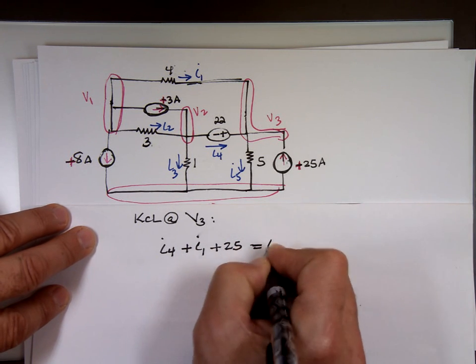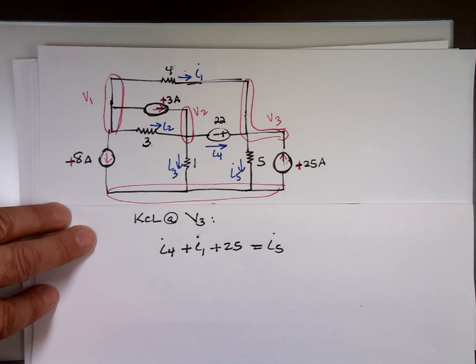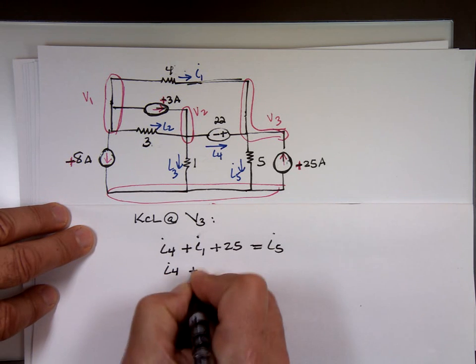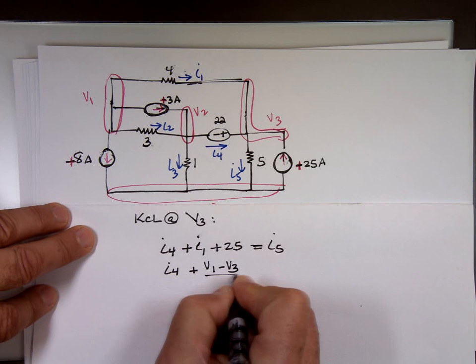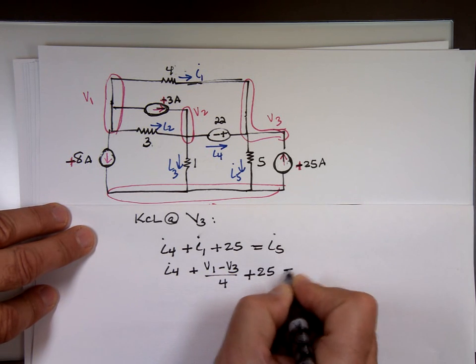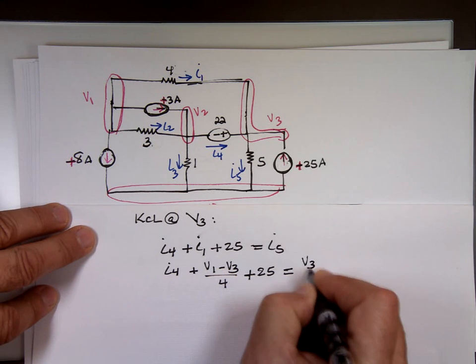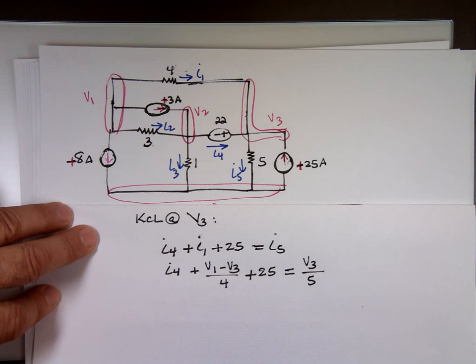I sub 5. I sub 4, we can't touch it, gotta leave it as I sub 4. I sub 1 is what? V1 minus V3 over 4, plus the 25 equals I sub 5, which is what? V3 over 5. What's my LCD? 20.